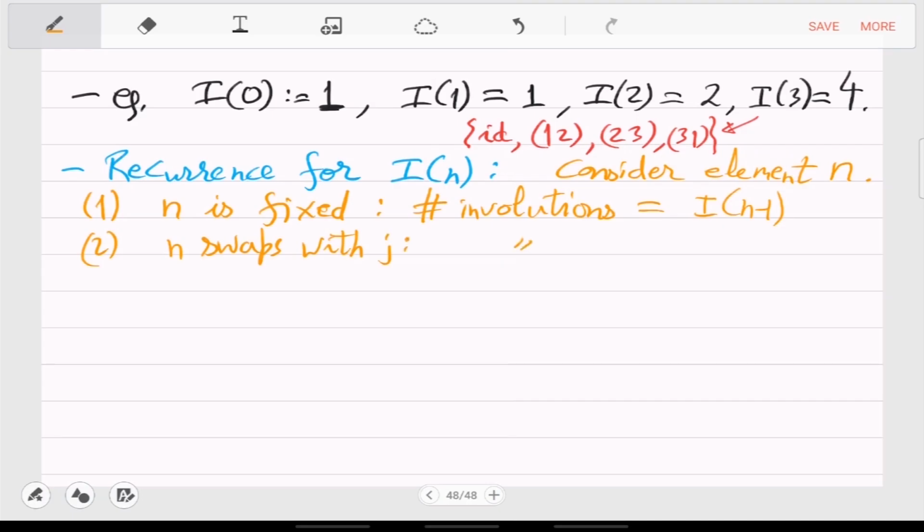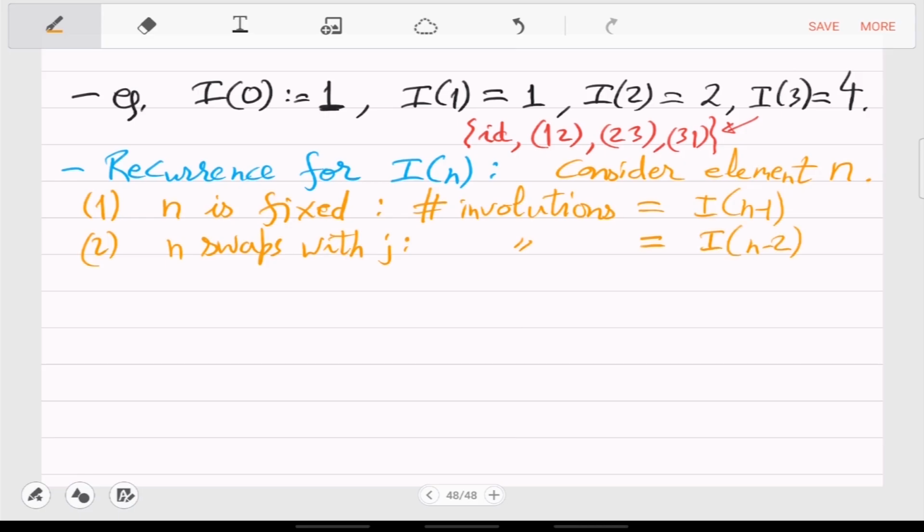What is the number of involutions? Yeah, let's fix j to be 1. If you are swapping n and 1, or any j you fix, then these two are defined, the rest can do whatever it wants up to involution, right? So that's I of n minus 2.